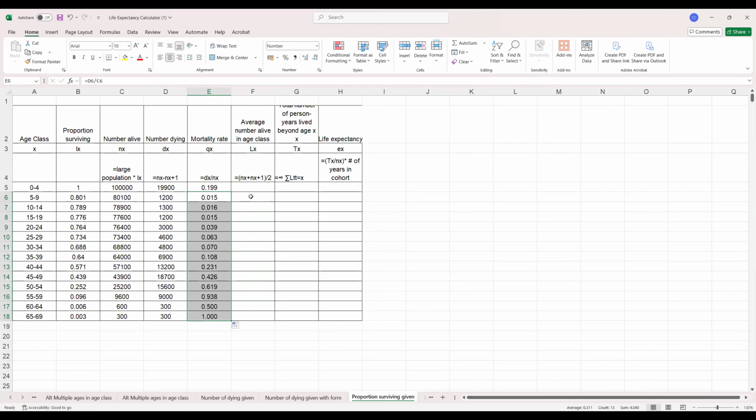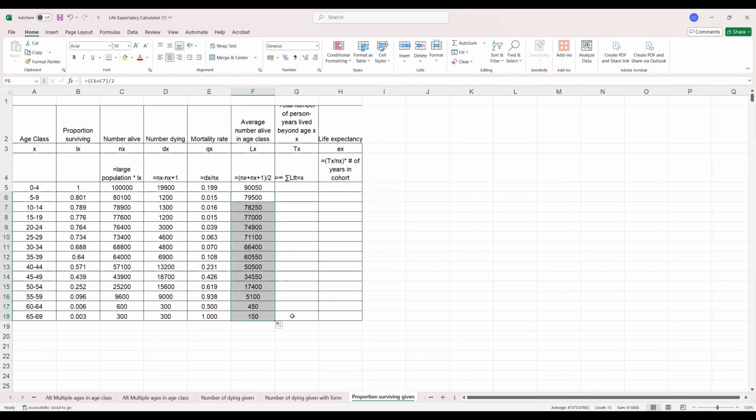There you go. And then capital L sub x. So this one, 100,000 and 80,100, divided by 2. Again, 80,100 plus 78,900 divided by 2. You can drag and drop the small square.